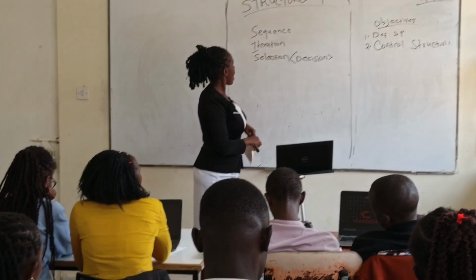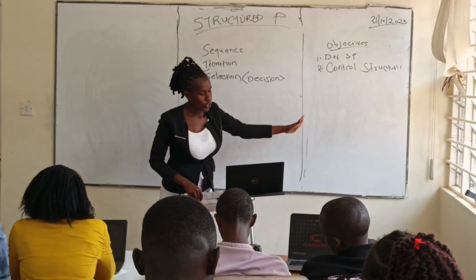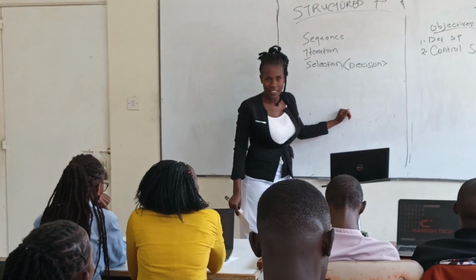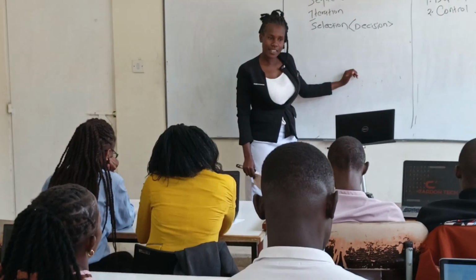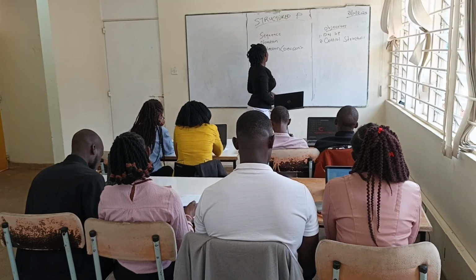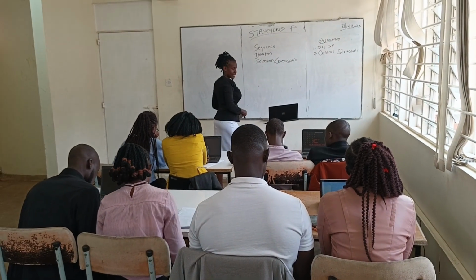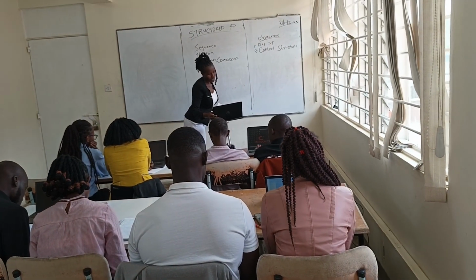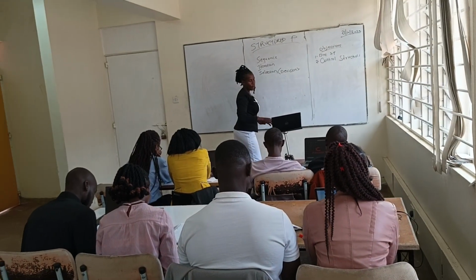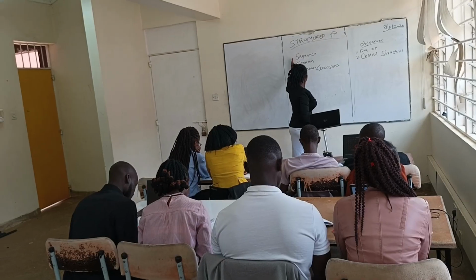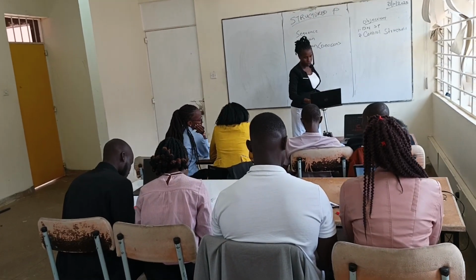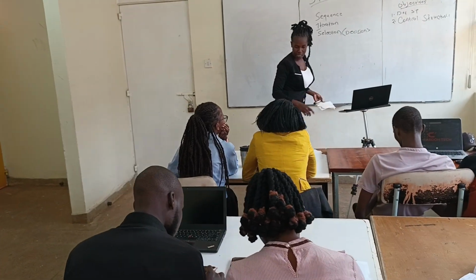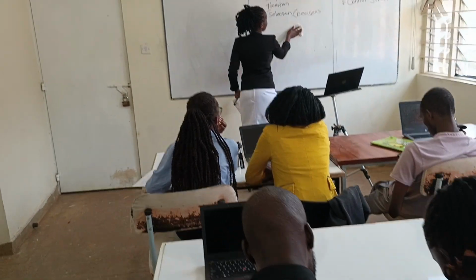Iteration allows a set of instructions to be repeated until a condition is what? Yes, until the condition is met. Good, I want you to be active like that. Now, let's see the syntax. Under sequence, selection and iteration, we are only going to do one.